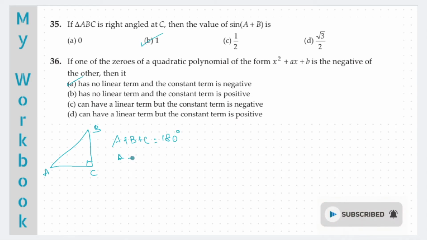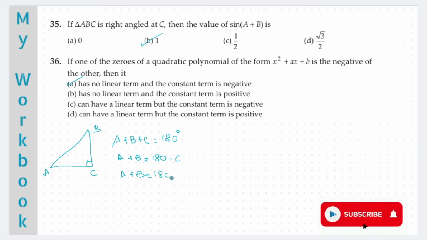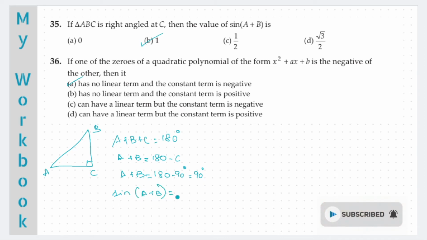So what will be A plus B? 180 minus C. C we know it is 90 degrees. So A plus B will be 180 minus 90, which is 90. So sine of A plus B is asked. Substitute A plus B as 90. Sine 90 is 1. So answer will be option B, 1.